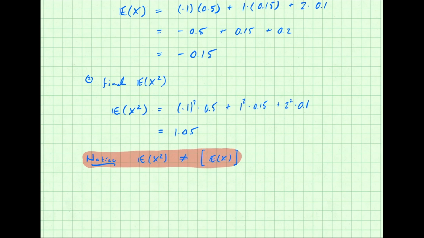It's not to say that the inequality never becomes an equality, but it is not generally the case. It certainly would be the case if the expected value of x was 1, and the expected value of x squared was also 1 somehow, then that would be fine. But it is generally not the case that the expected value of x squared is the square of the expected value of x. That is not usually the case.